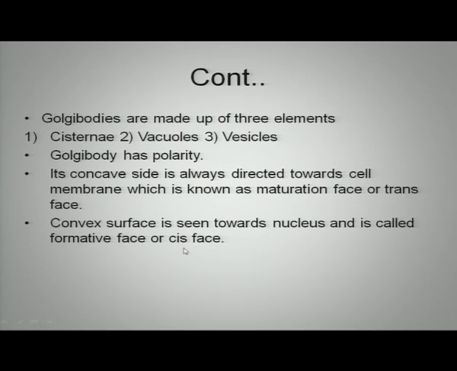So, there are two phases. One is the concave phase facing outwards, or maturation phase or trans phase. The other one is the convex surface facing towards the nucleus or inside, which is known as the formative phase or cis phase.